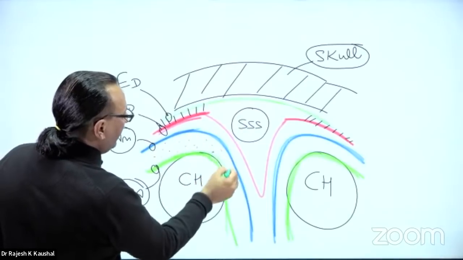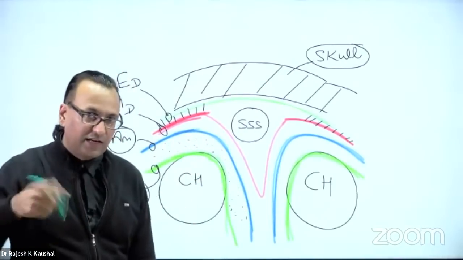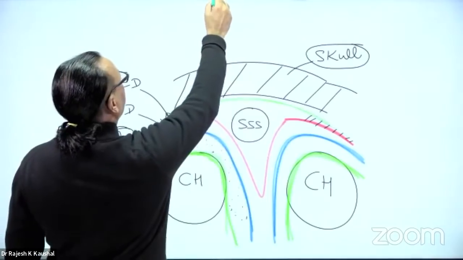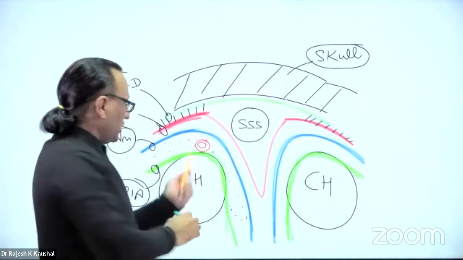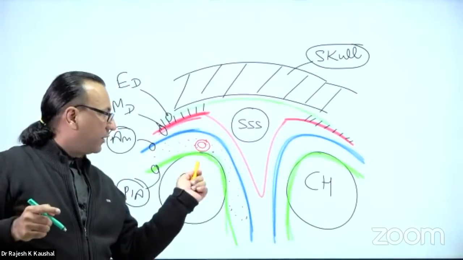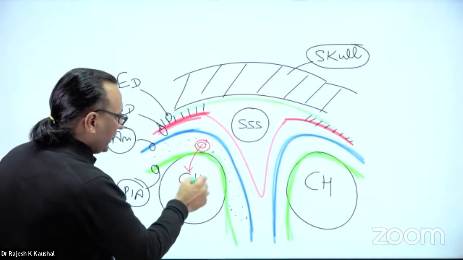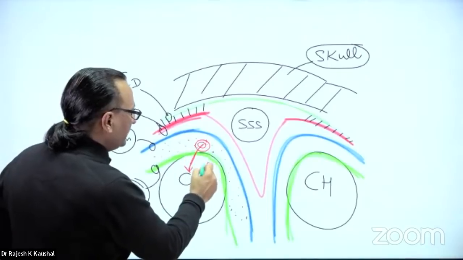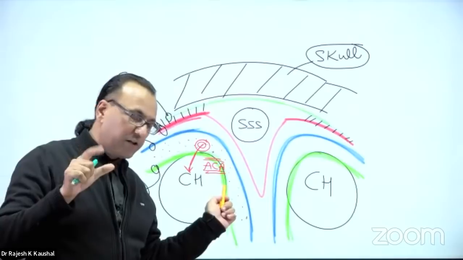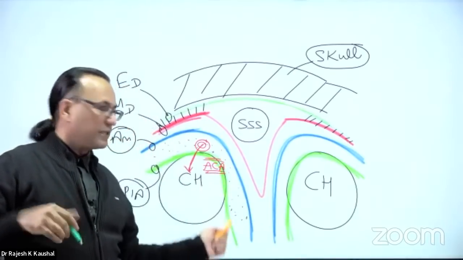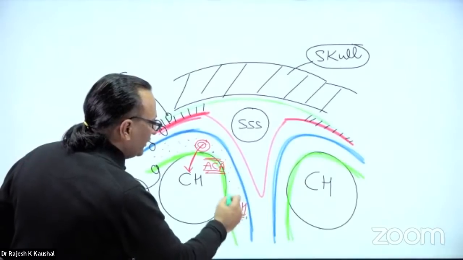It is under the arachnoid mater, so subarachnoid space filled with the CSF, and that is where we'll have the circle of Willis arteries. So in this subarachnoid space, under the arachnoid mater, outside the pia mater, you can have blood vessels supplying the cerebrum, and this could be the anterior communicating artery. If the anterior communicating artery is bleeding, berry aneurysm, where the blood is, it is in the subarachnoid space, and we call it subarachnoid hemorrhage, number one.